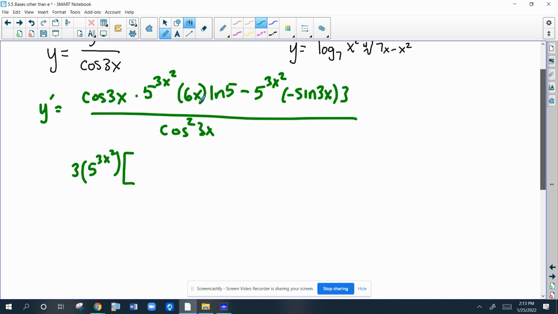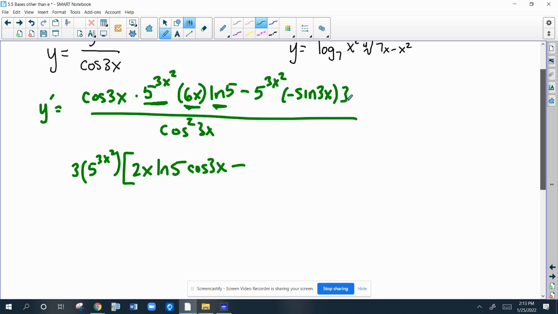So up top, we have a 2x, because we factor out the 3. That was from here. We have the ln of 5. We factor out the 5 to the 3x squared, so we just then also have a cosine of 3x. So that's the first term.